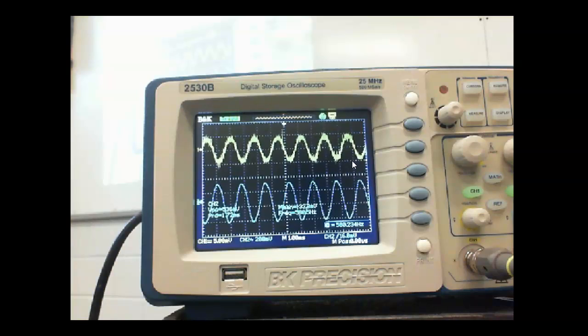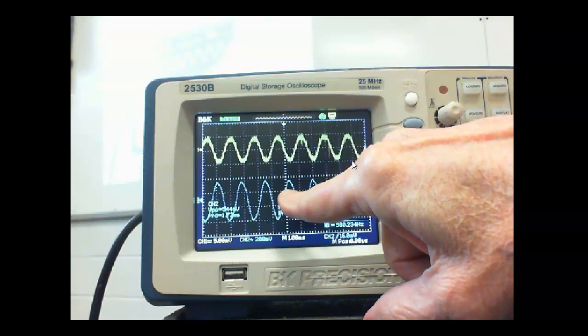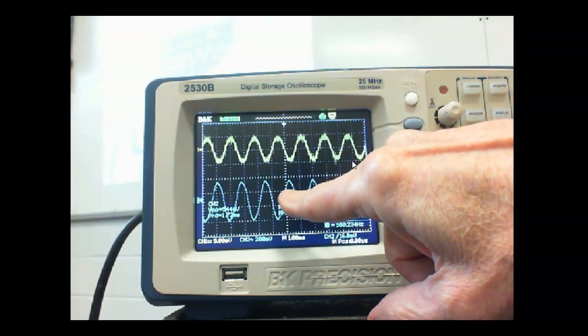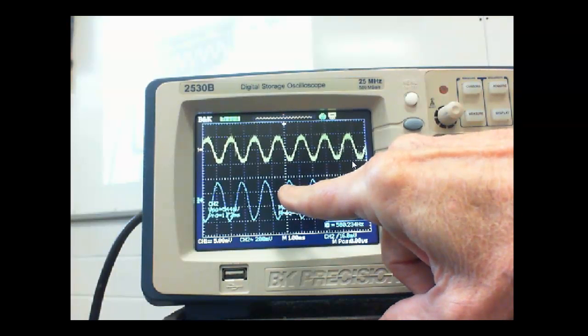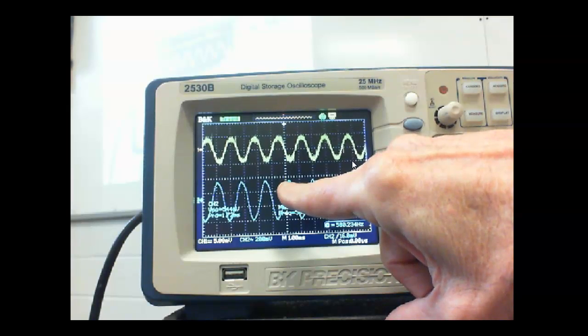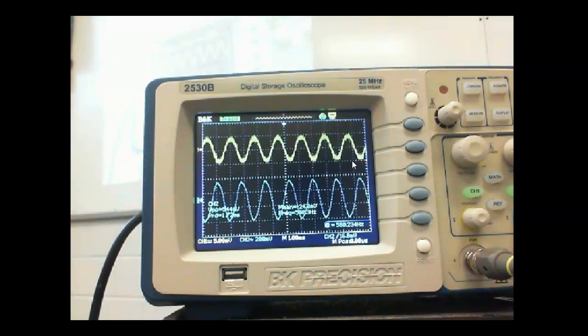So we got a 10K load. So now we're getting, so this is in the book. So we're getting a gain of, I still have 200 millivolts per division. So 200, 400, 40, 80, 500, 540 millivolts. Let's count that out.